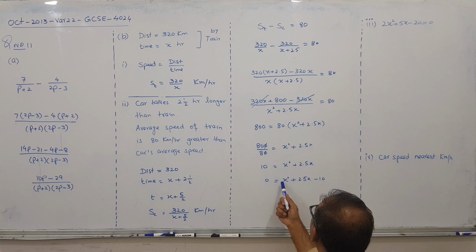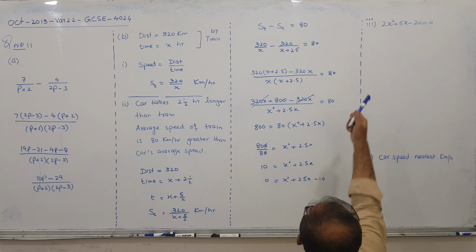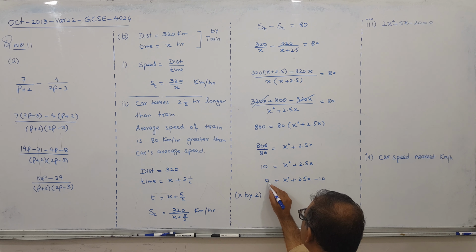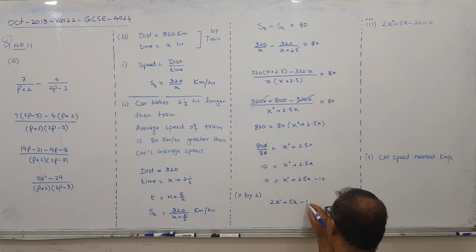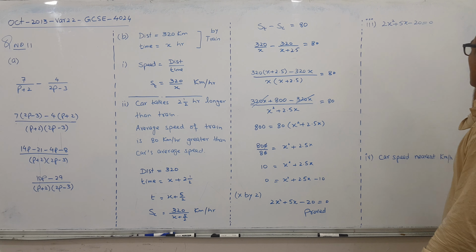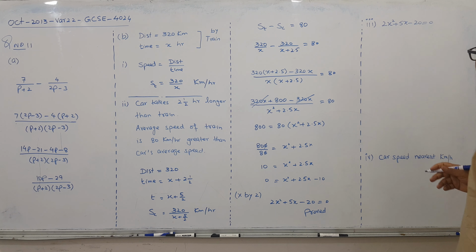But you know, I don't need 1 here, I need 2. So multiply the whole equation by 2. Into 2, I get 0. Into 2, I get 2x squared. Into 2, I get 5x. Into 2, I get 20. Equal to 0. Proved. Okay. So now I will go for 2 decimal places, he said, so definitely the quadratic formula will go.